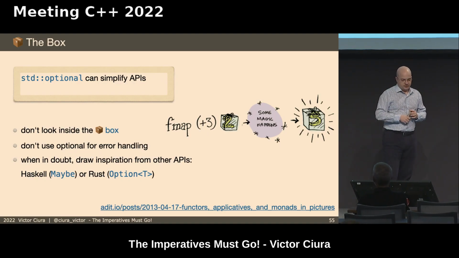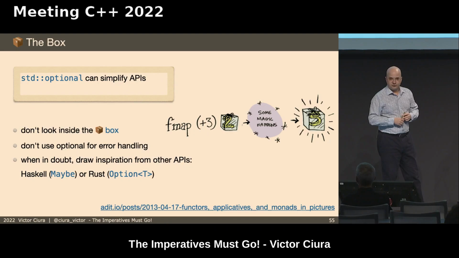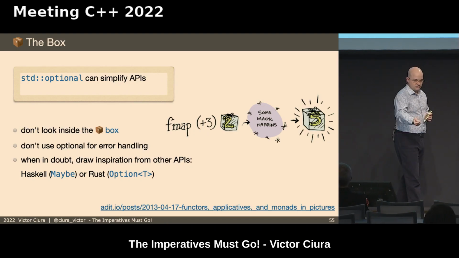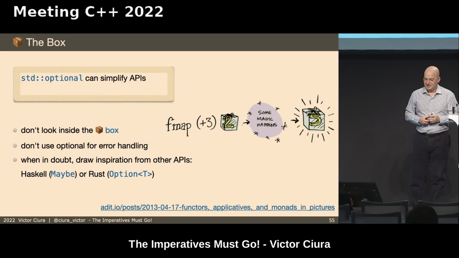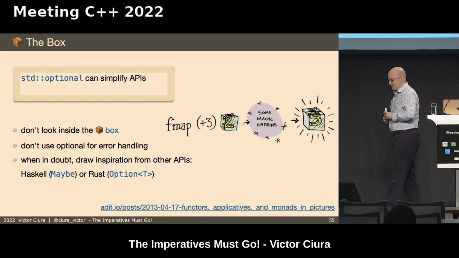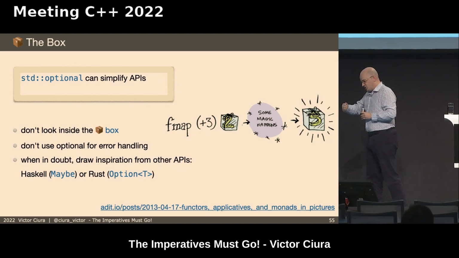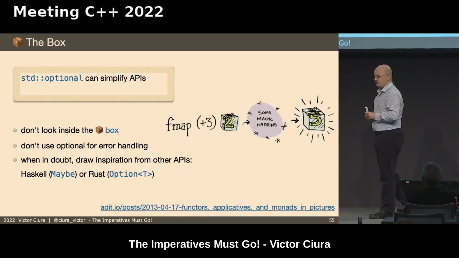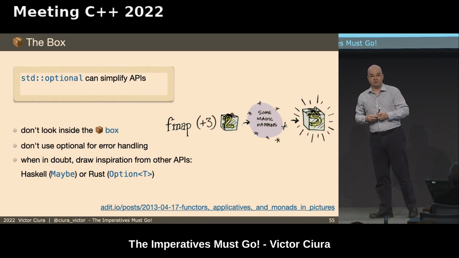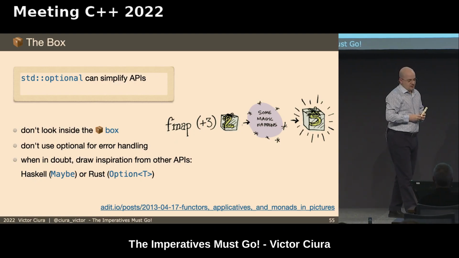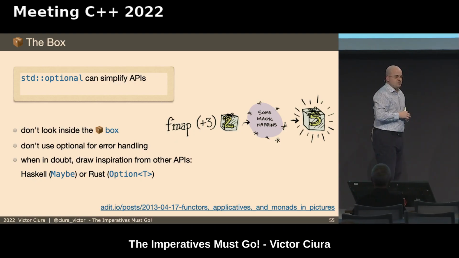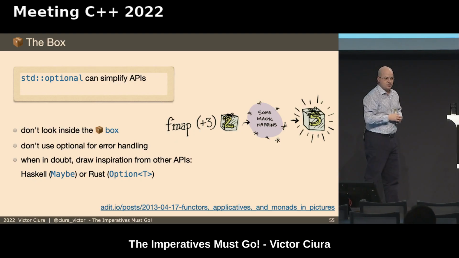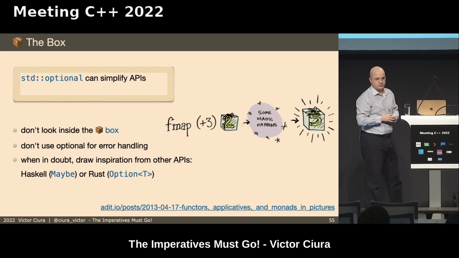So to reiterate, don't use optional for error handling, because that would force you to check if it has a value. And try to use optional to chain computations and build APIs that are intuitive and fluid in the way they compose. And of course, you can draw inspiration from programming languages that have gained this tool long ago.